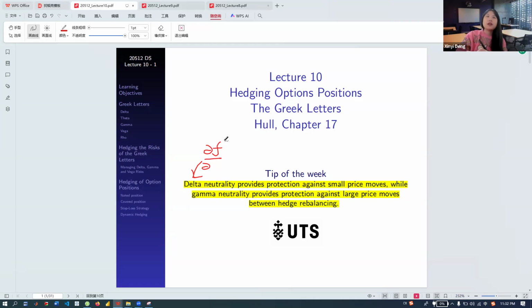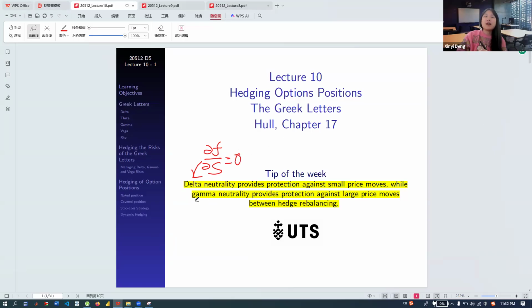F here just denotes that we don't know whether it's a call or a put. So delta is the first order derivative of option prices with respect to the underlying spot price, and delta neutral means that this first order derivative is equal to 0.